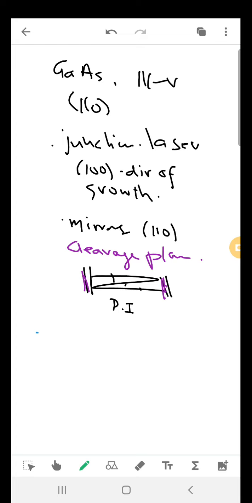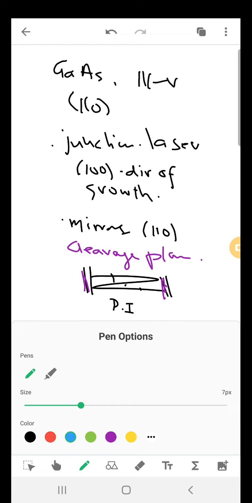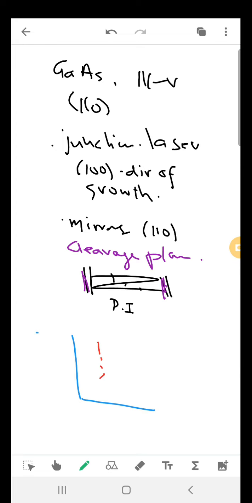So if we consider the gain plot, there will be one active region denoted by this thickness T. Inside the active region there will be a gain, whereas outside the active region there will be loss.